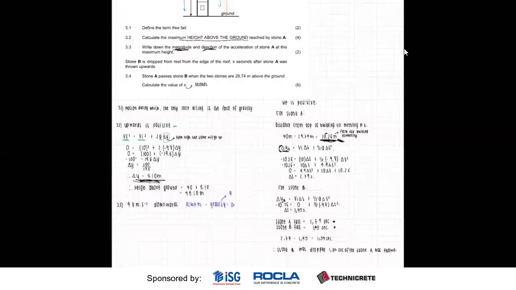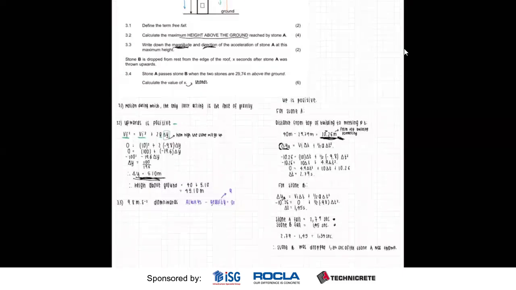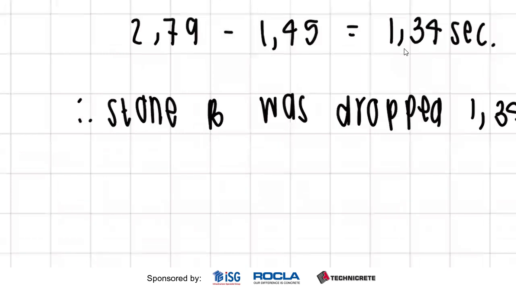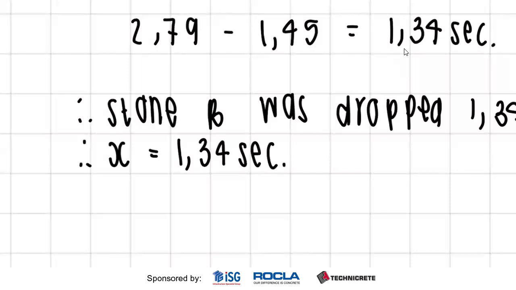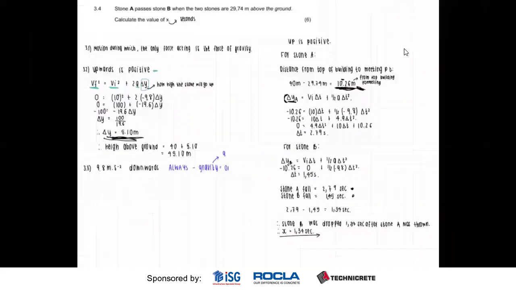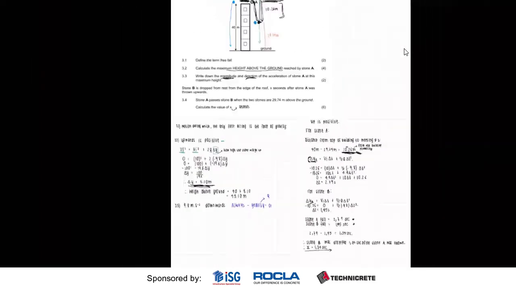Okay, but in the question, they asked us to calculate the value of x in seconds. So we're just going to say, therefore, x equals 1.34 seconds. Okay, that's the answer. So stone B was dropped 1.34 seconds after stone A was thrown.